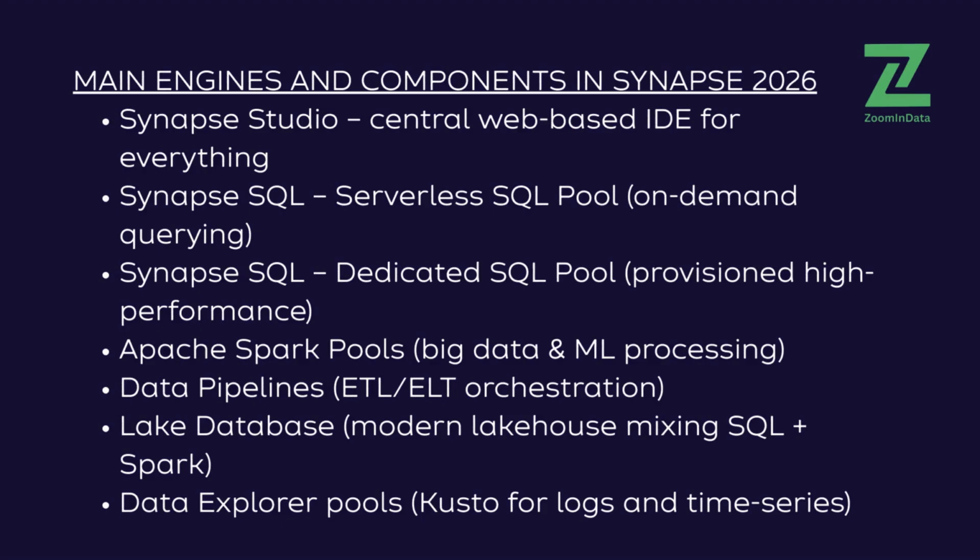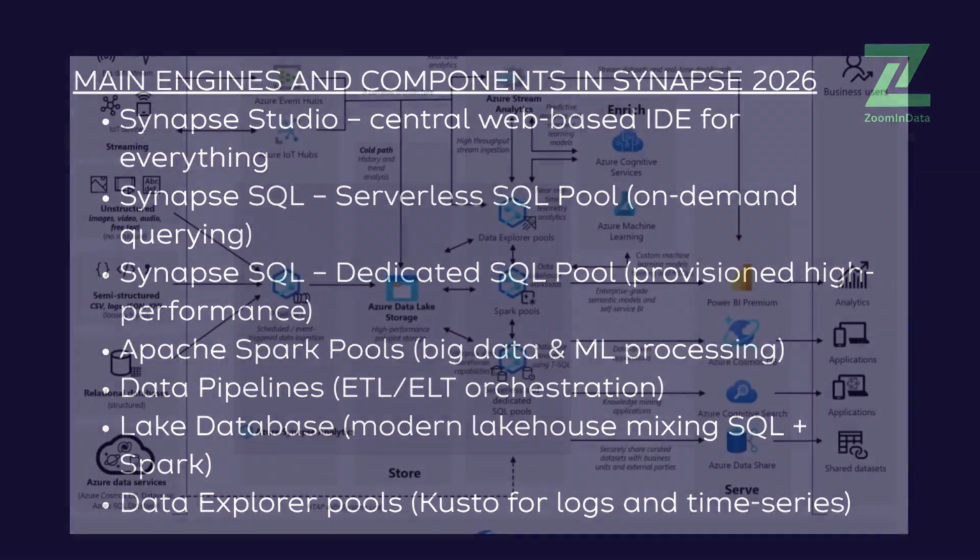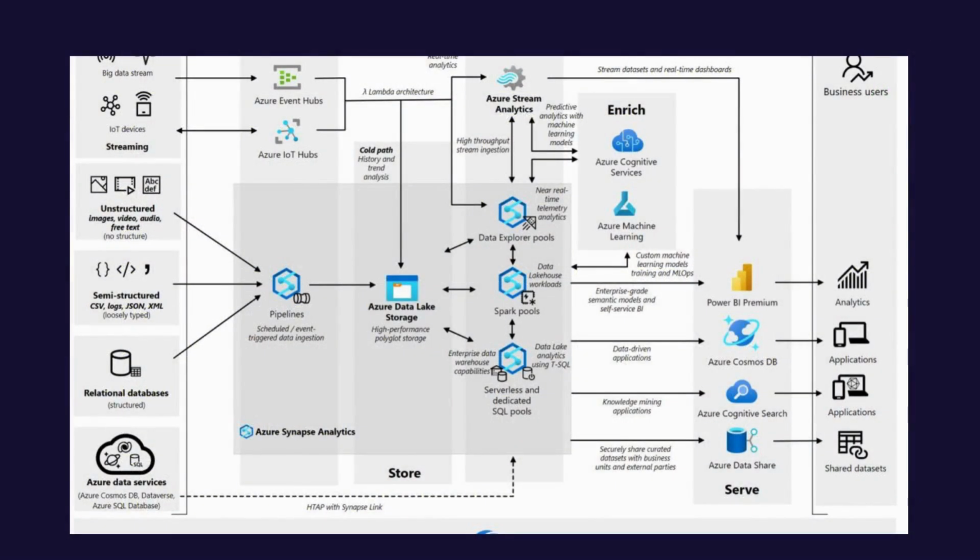Next, Apache Spark pools for big data and ML processing. Then data pipelines for ETL and ELT orchestration. Lake database for modern lakehouse mixing SQL and Spark. And Data Explorer pools using Kusto for logs and time series.